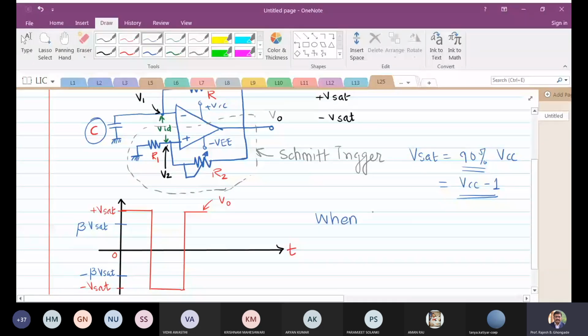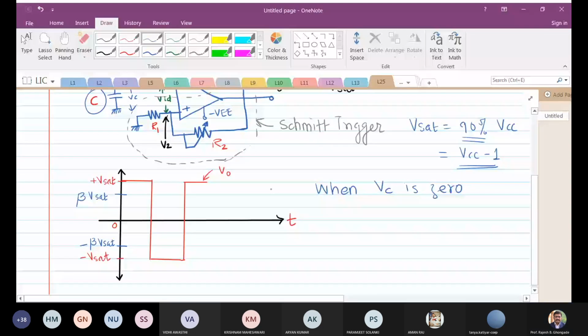I'll call the voltage across the capacitor VC. Tell me, what is voltage V1?